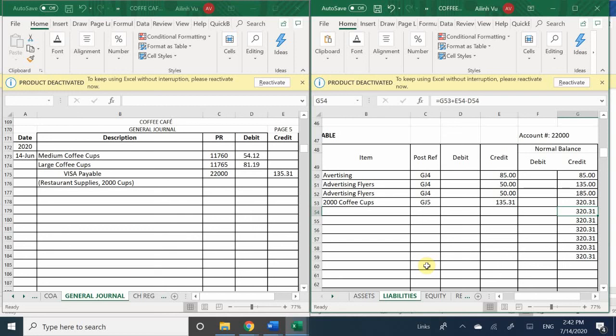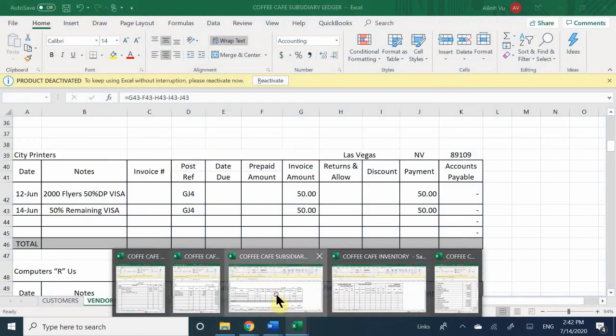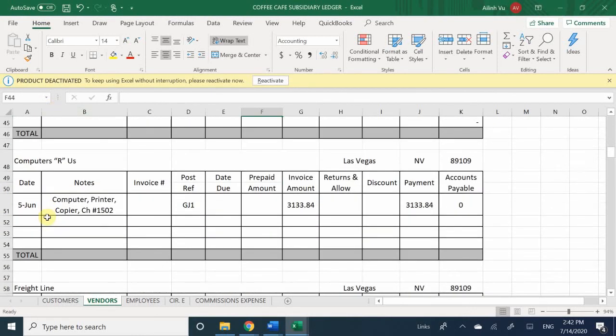All right. There's one more thing we have to do: the subsidiary account. In case something happens to the cups, or we have too many cups left over, we can return them, because as long as we have the receipt, we can return anything, especially if we haven't opened the package yet.